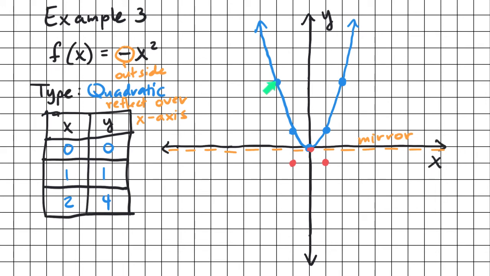And this point over here would be reflected. So if it was originally 4 units up, we're going to go in the opposite direction: 1, 2, 3, 4, here. And same thing over here. If this point was originally 4 points up, we're going to go 4 points down, right here.